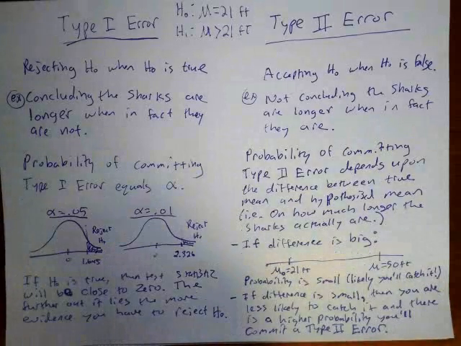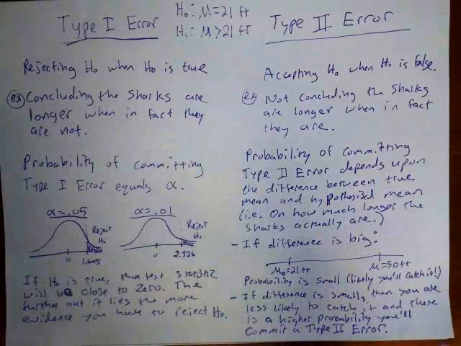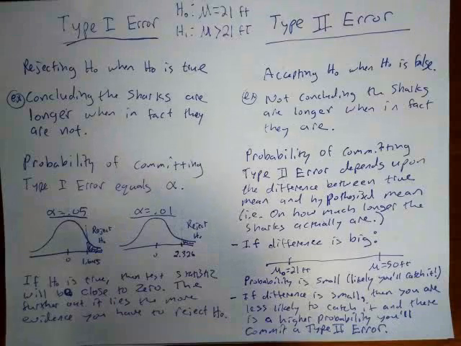One thing that may help is that in a criminal trial in America, we always assume someone's innocent until proven guilty. So the null hypothesis is that they're innocent, and we're looking at the evidence to see if there's enough evidence to reject the null in favor of the alternative hypothesis, which is that they're guilty.